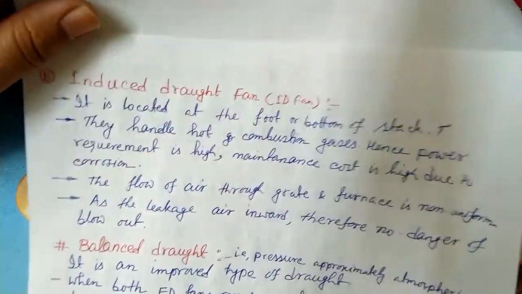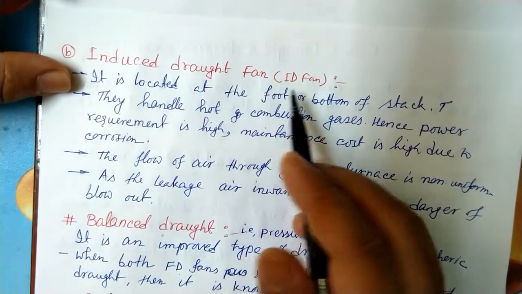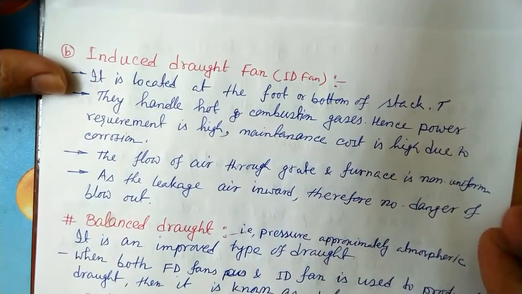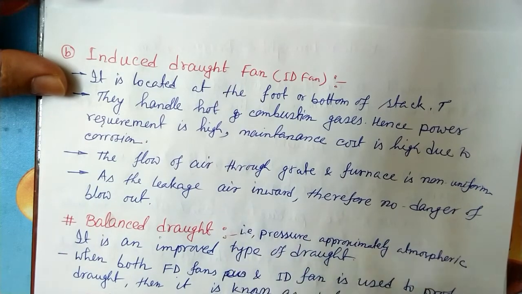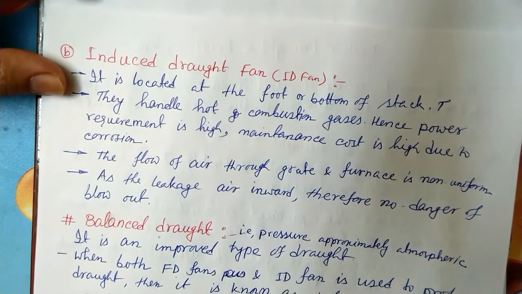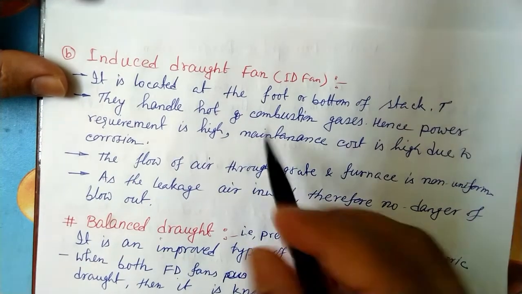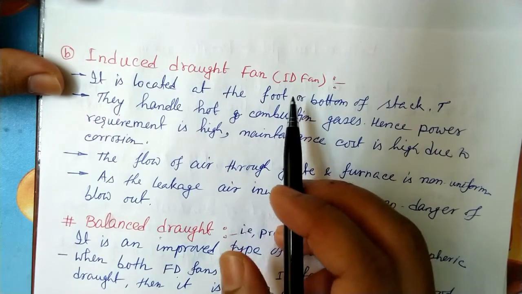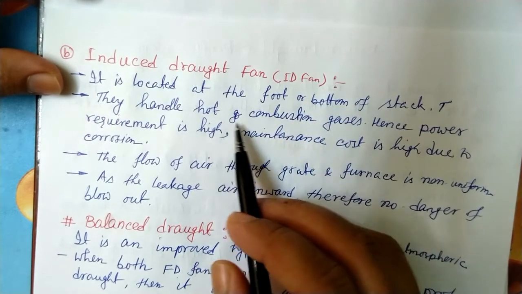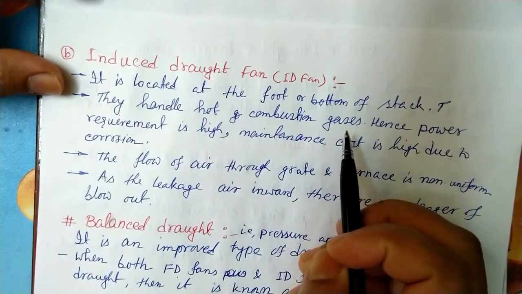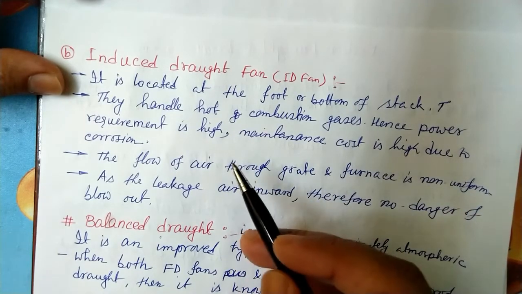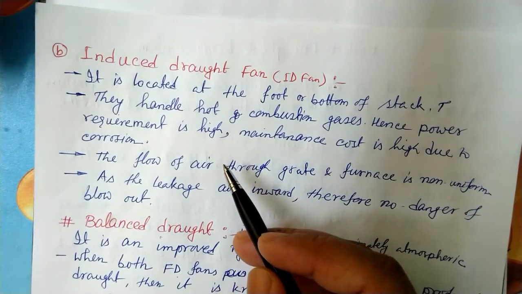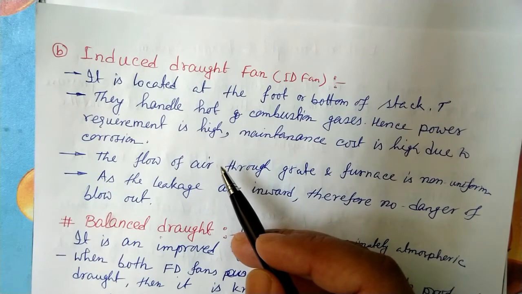So next we have the induced draught fan, or ID fan as we call it. Generally it is located at the bottom of the stack or chimney. The induced draught fan handles hot flue gases, combustion gases, so the power requirement is high since the specific volume of the flue gases is high.